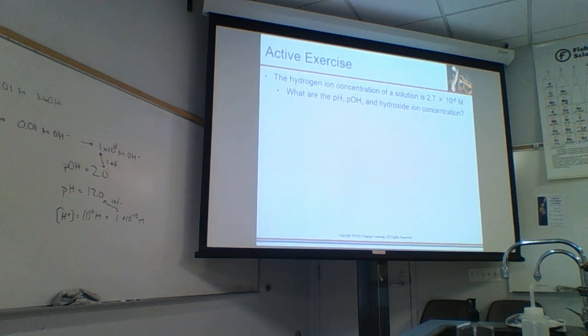What did you get? 5.569. Well, I think what happened was you did it to the positive 6. Oh. Yeah, I don't have my regular calculator. Let me just do it one more time.